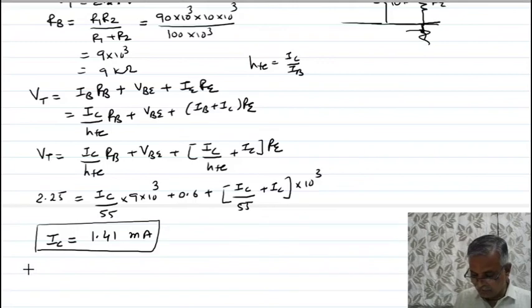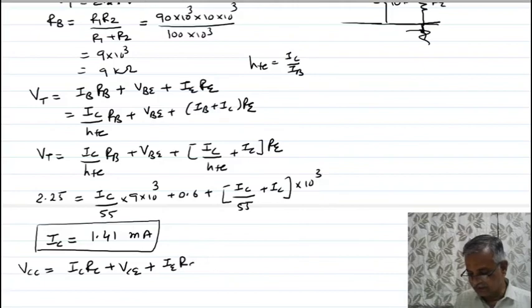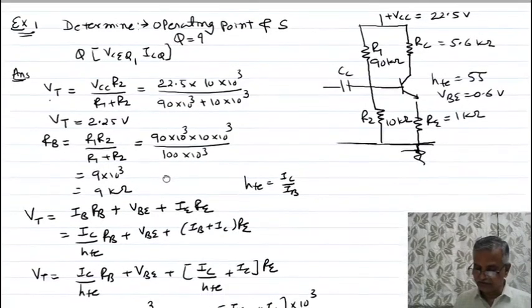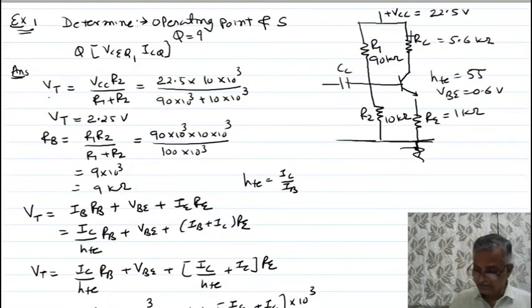Now, to find VCE, you can write this equation, Kirchhoff voltage law for the output section. Easily you can say VCC is equal to the voltage across this plus collector emitter voltage plus voltage across the emitter resistor.